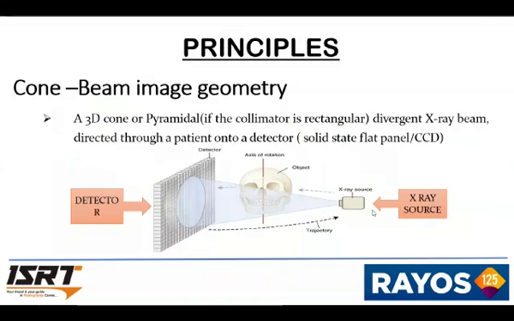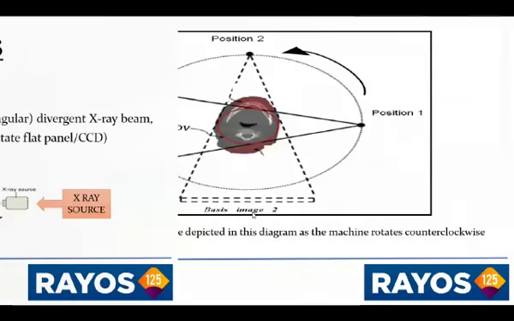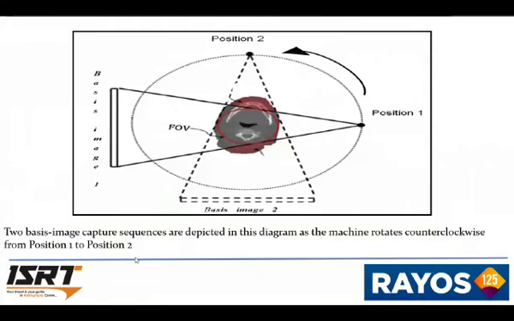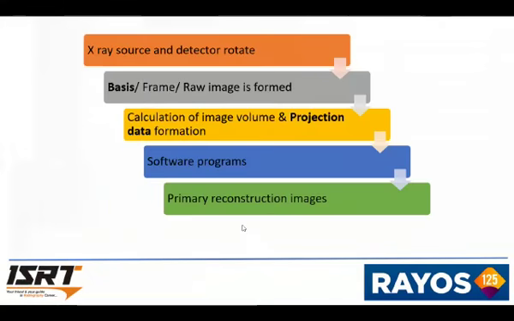The X-ray tube is directed in a circular path, whereas the detector is directed in the opposite direction, following the same circular trajectory. By virtue of this movement, they produce basis images, and with the basis images, the reconstruction of orthogonal planes is made.